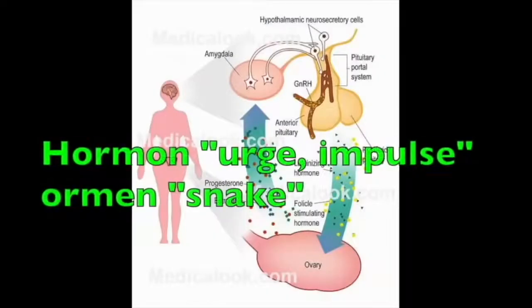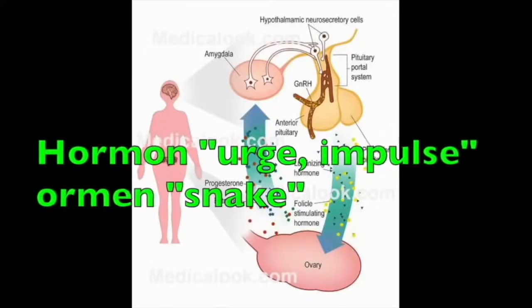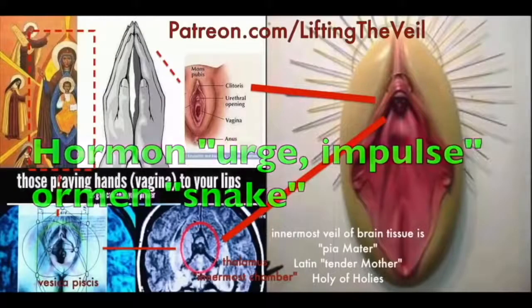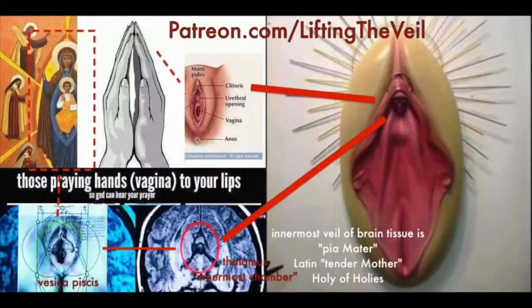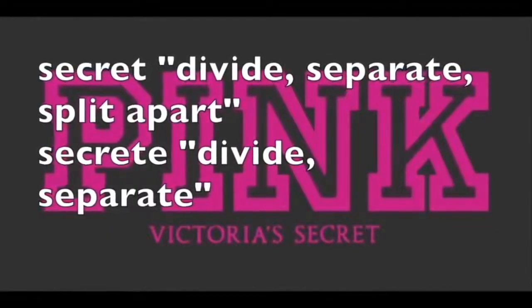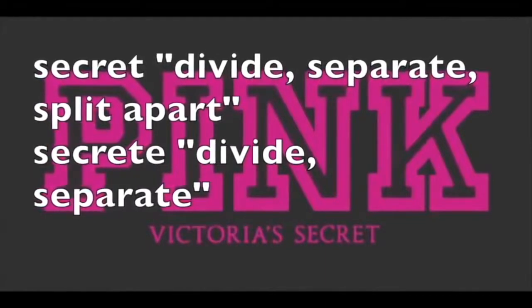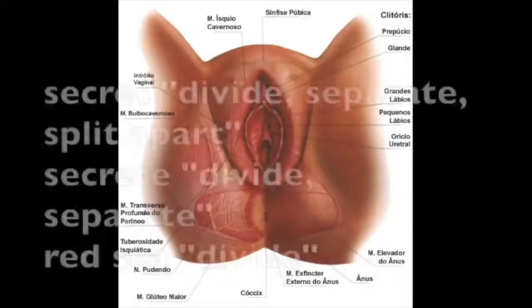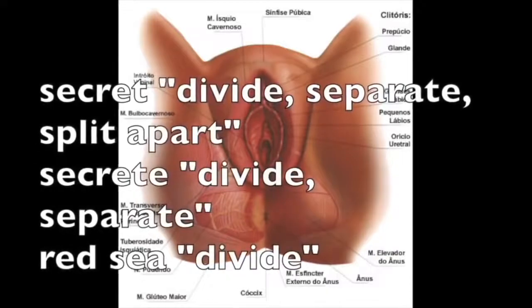Hormone comes from hormē, meaning urge, impulse, instinct. In other words, our first most basic urges. The words secrete and secret are etymologically linked. The secretions, the sacred secretions, the sacred secret.